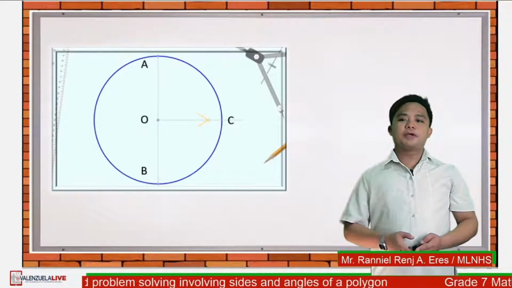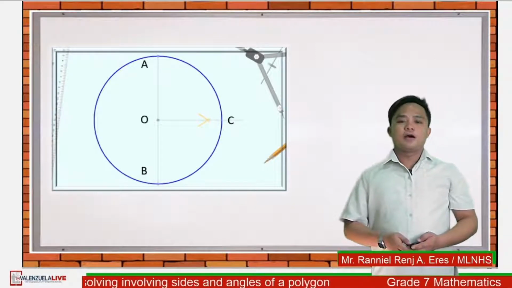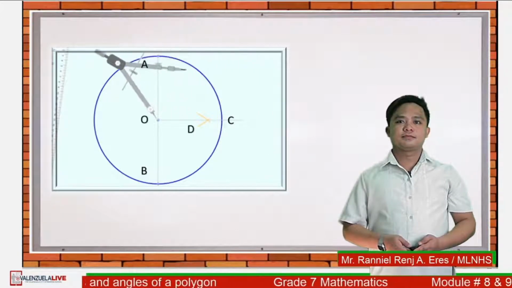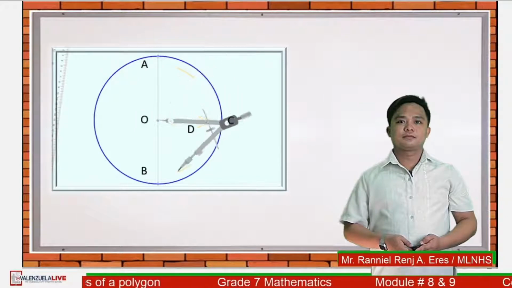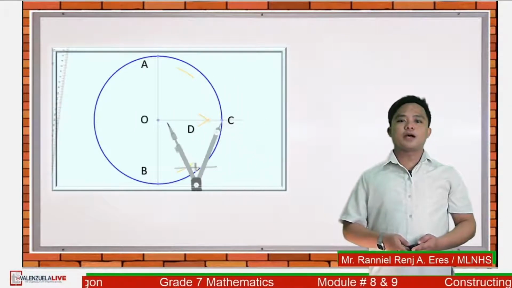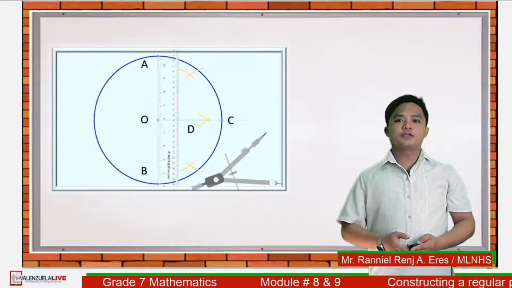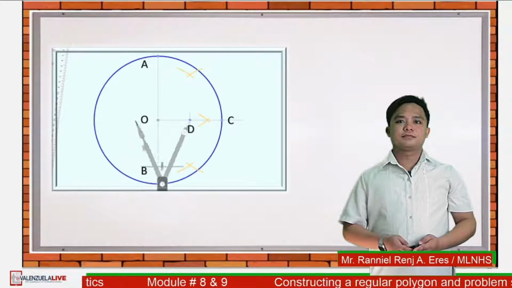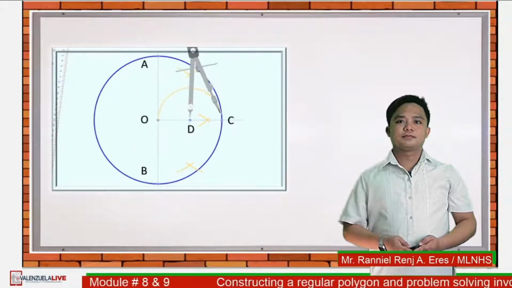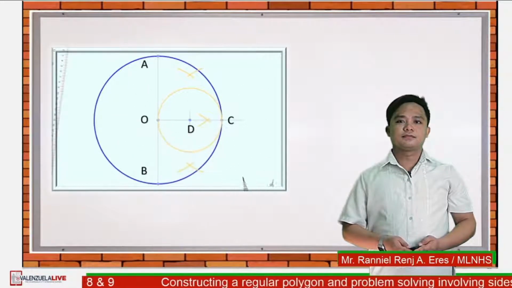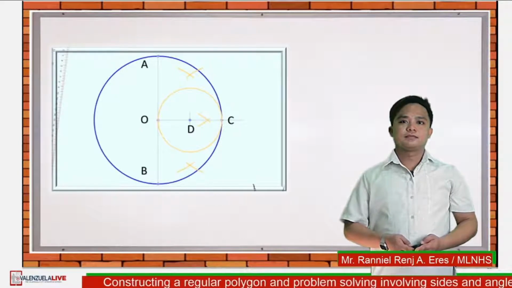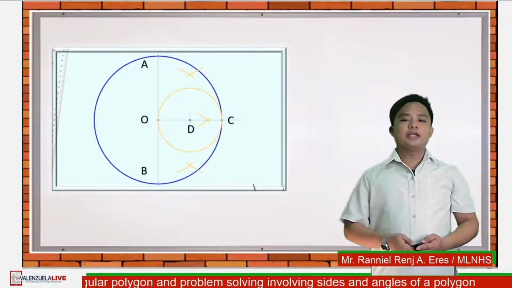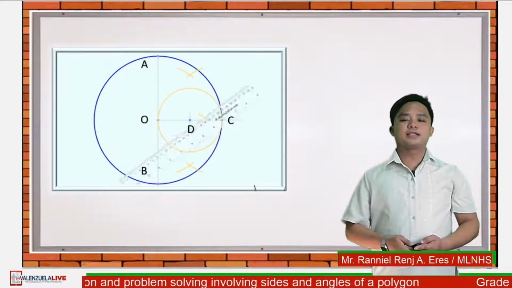Next, draw a perpendicular bisector of segment CO forming its midpoint D. Next, draw a small circle using the radius DC and the center is D. Next is draw a line from B through D intersecting the small circle at point F.